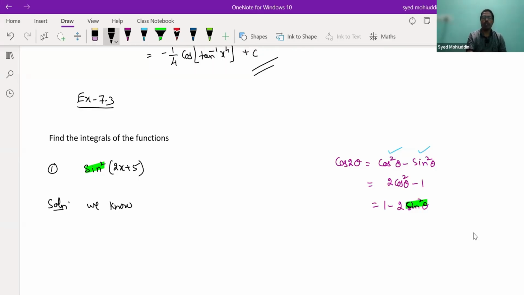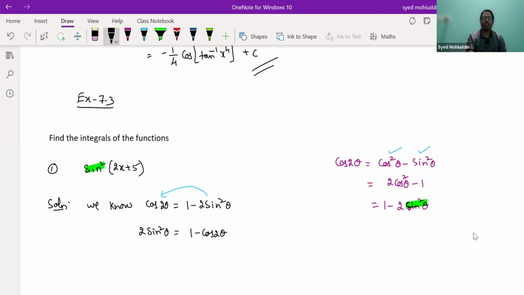We know cos 2 theta equals 1 minus 2 sine square of theta. But I want it in terms of sine square, so it is better to take the sine square term to the other side. So 2 sine square of theta equals 1 minus cos 2 theta.